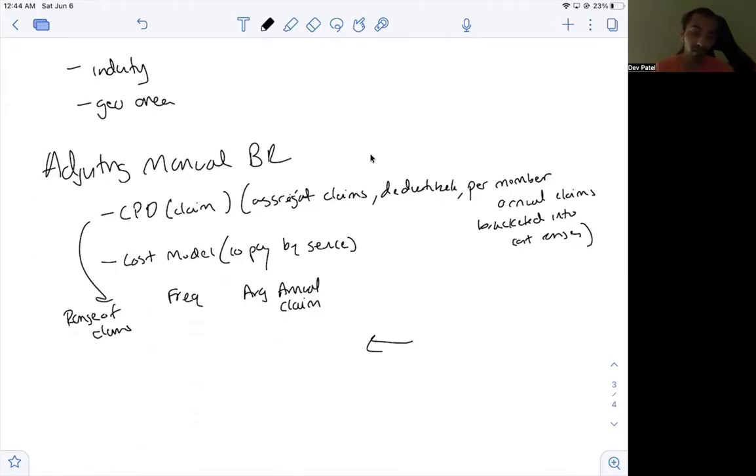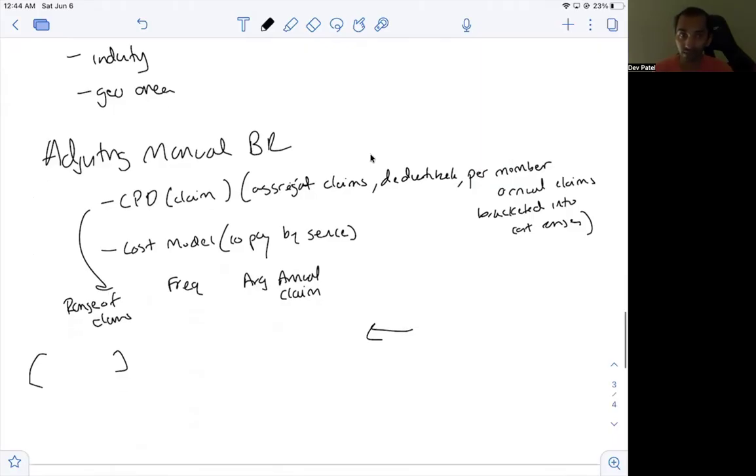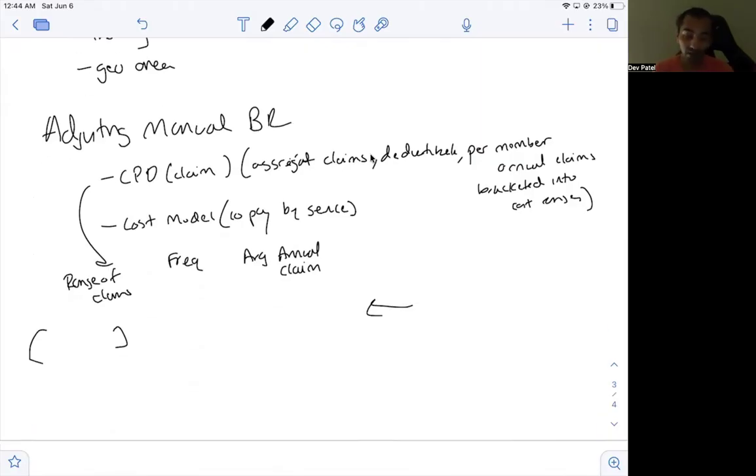Here we're saying these are the range of claims. We're bucketing these different claims into these categories, and then we're saying that in a given year, this percentage of members will have claims that are from X to Y range. And if they do have a claim between X and Y, we know that the average annual claim, which should be between X and Y in that range, is going to be a certain number.